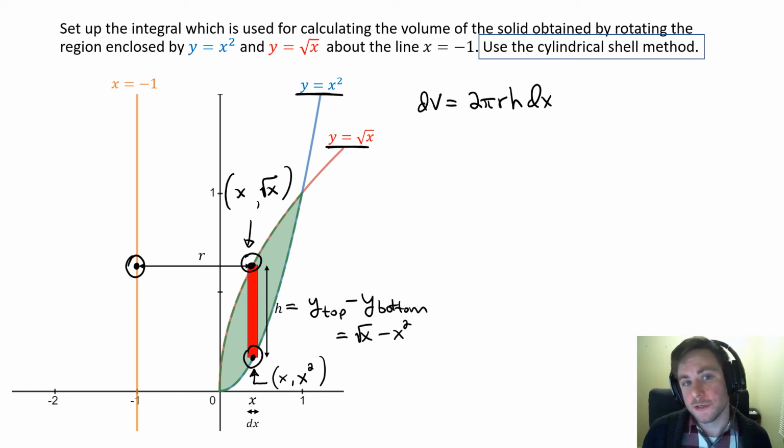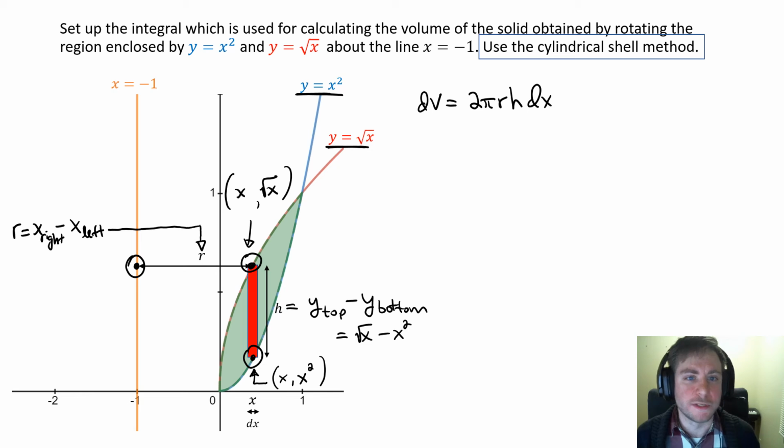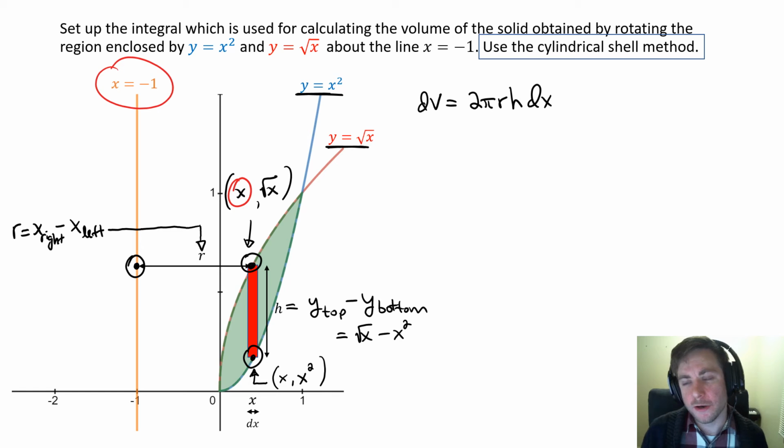As a horizontal distance, r is going to be calculated as the difference of the x-coordinates on either side of these arrows. We know the x-coordinate on the right is just x, and on the left, the x-coordinate is going to be -1 according to the formula for that line. So that gives us x minus -1 as the formula for r. Of course, that can be simplified to x plus 1.